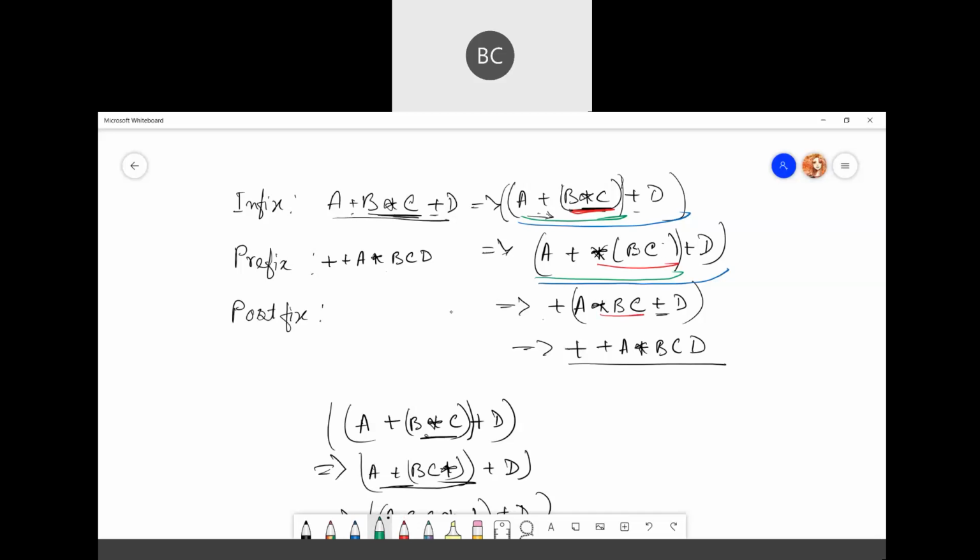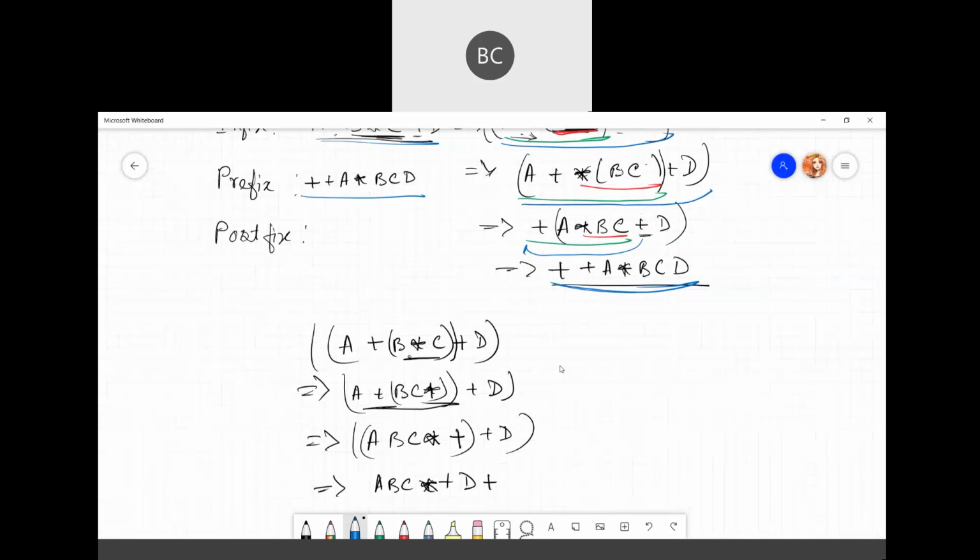And for this part, you put this sign here. In the last, this part is there, this plus sign. So finally you put this before here. So this is the prefix for this expression. You just need to shift the signs before operands, and for your purpose, just give some brackets whenever you see expressions.